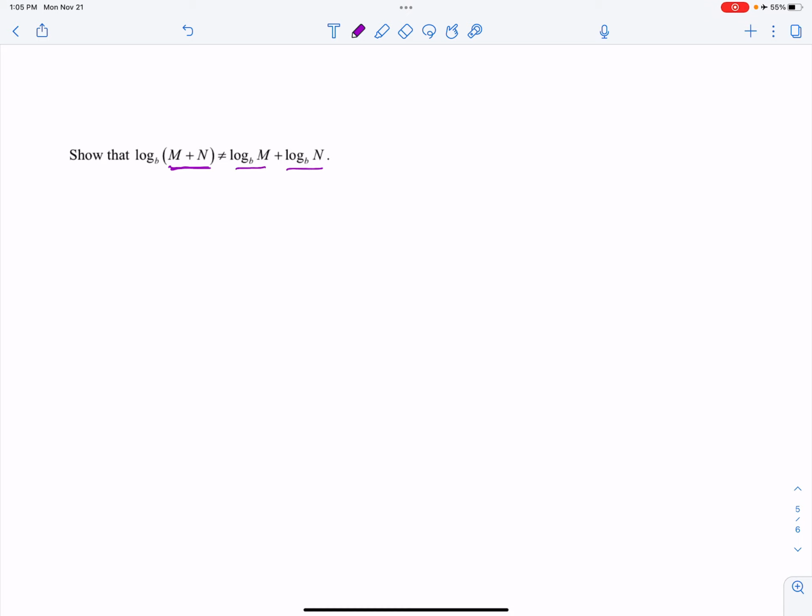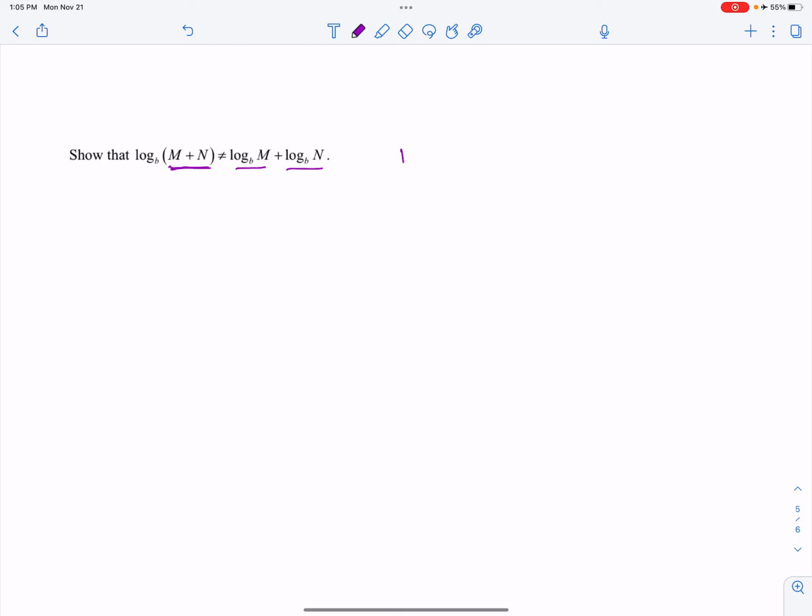These things are not equivalent. And I just want to bring that point home with an example. We cannot put, if I have log of m plus n, it's not the same as log of m plus log of n. And I'm going to show you right now.